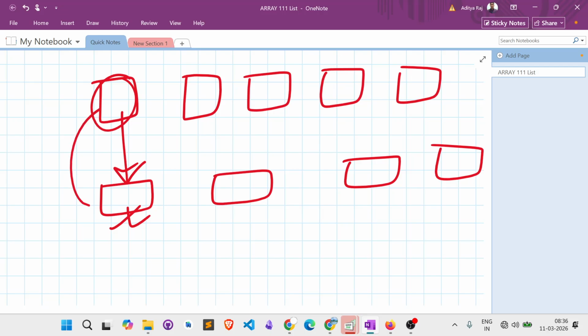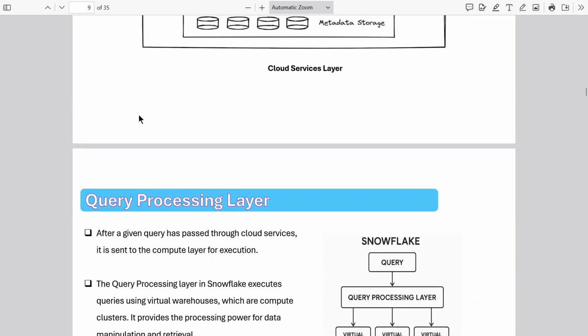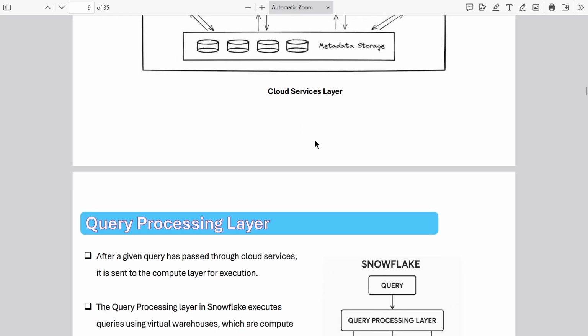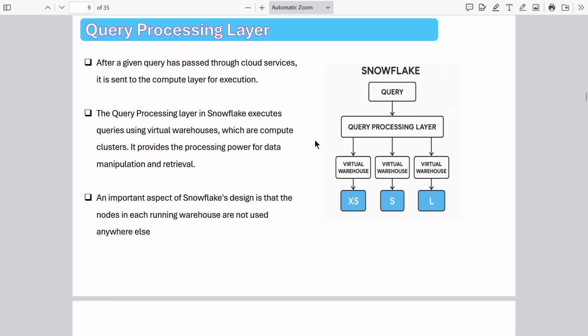After completion of this processing, this node will be free, and then the next chunk comes. Everything is assigned by the node, and all the compute engine work happens in that particular layer, the compute layer, not the cloud service layer. Getting how the things are happening? Yes, I think.